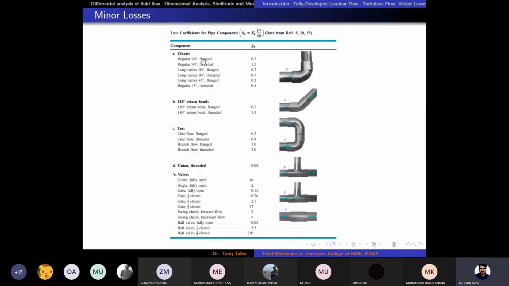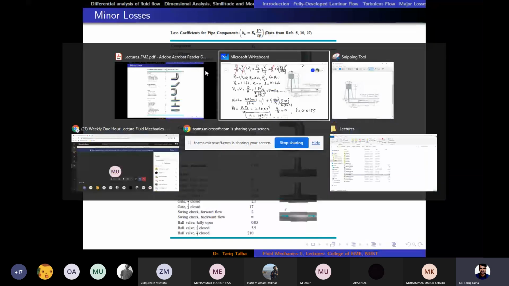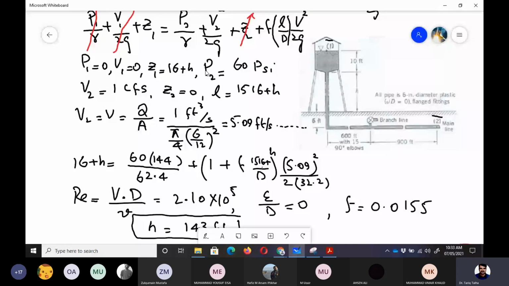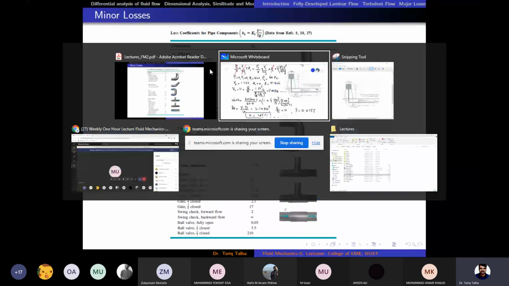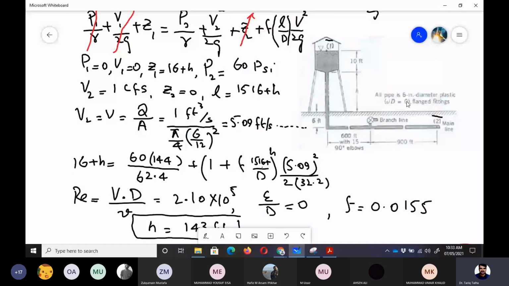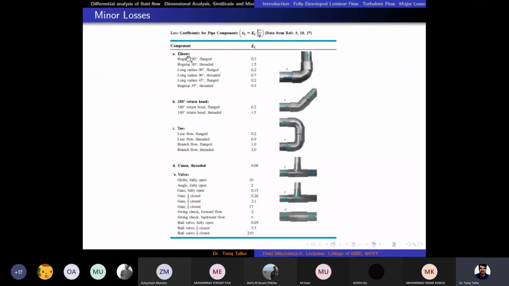There are two types of elbows, one flanged and one threaded. They haven't mentioned which, but if you look closely, they have mentioned that the pipe is 6-inch diameter plastic, epsilon upon d is equal to 0, and all the fittings are flanged. So it means that we need to take the K_L value for the flanged elbow, that is 0.3, right?